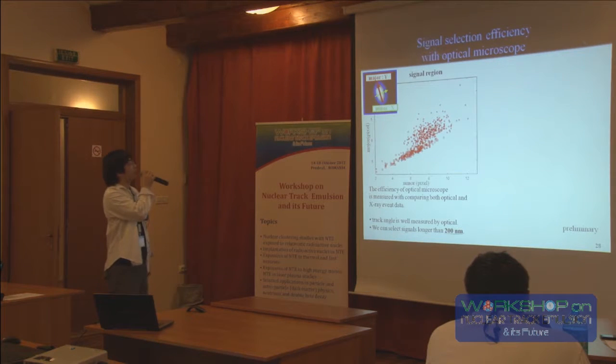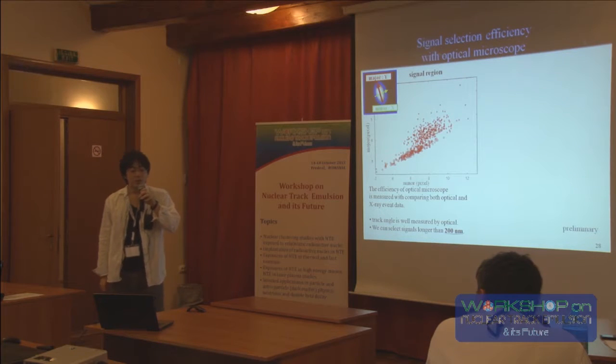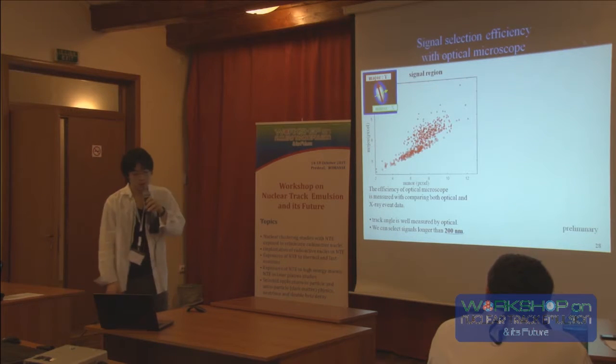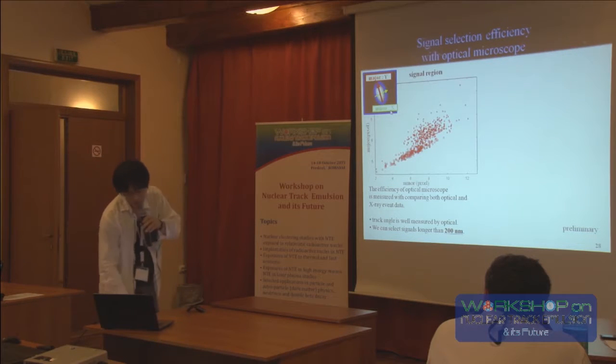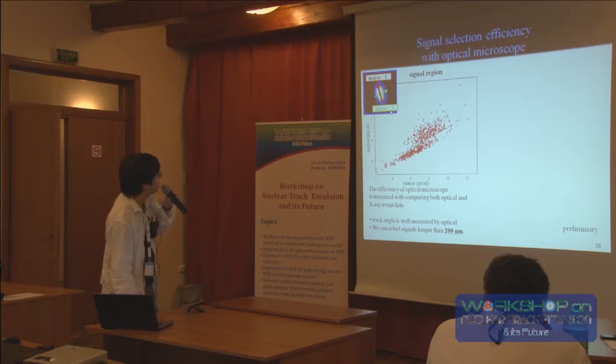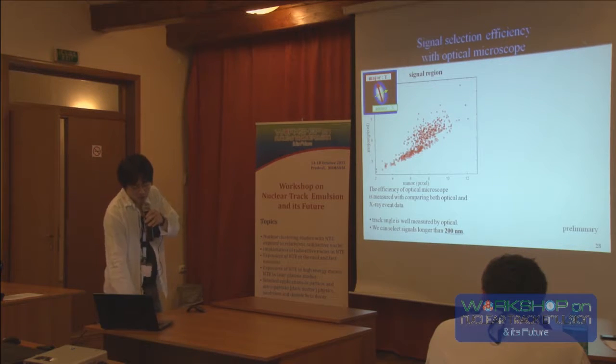And this is the check of the efficiency of the optical selection. First, this is the picture of the ellipticity inside the optical image, this is the minor and shorter axis, and the vertical axis is the measured parameter.